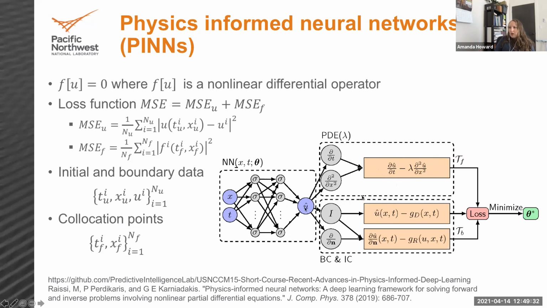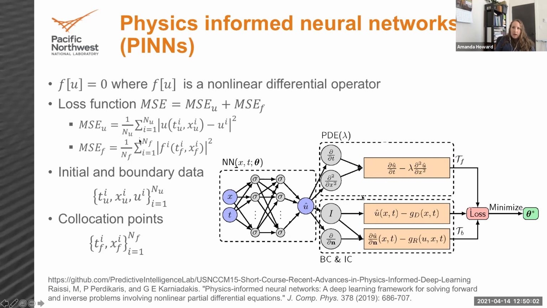So here we might know that u will match a velocity profile from our simulations, and we'll know some boundary conditions about it. So we can create a loss function, which basically means the error between this operator and the boundary conditions and our initial condition. So that gives us our loss, and then we're going to minimize our loss. And when we do that, we learn a velocity u that satisfies our differential operator.